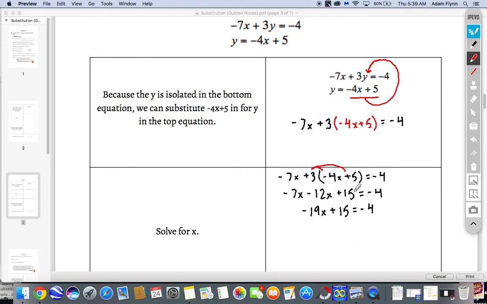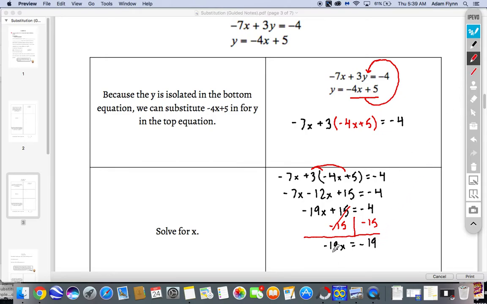So now what I can do is I can subtract this 15. So now I have all my x's on the left side and all my numbers on the right side. So once I do that, I have negative 19x equals negative 4 minus 15, which is negative 19.